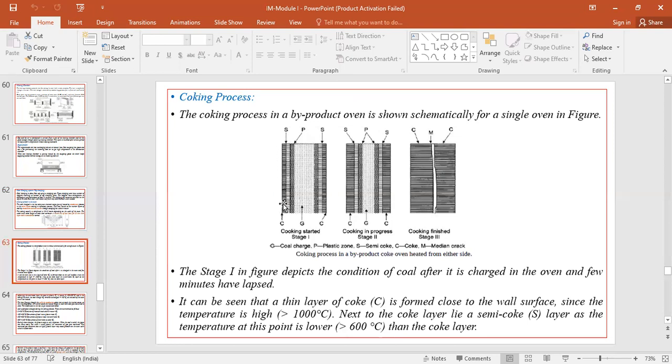the whole layer which is just adjacent to the walls undergoes the cooking process. That is represented by C, which is nothing but coke.